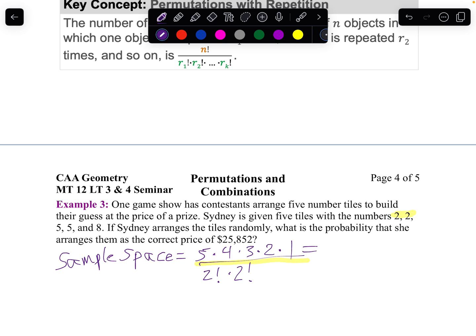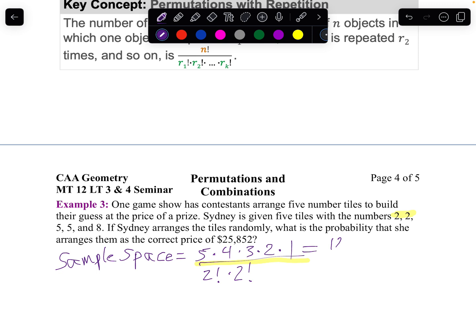So in other words, 5 factorial is 120. 5 times 4 times 3 times 2 over 2 times 2. So in other words, we have 30 different ways we can arrange those tiles, because some of them repeat.